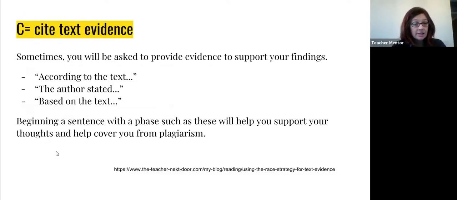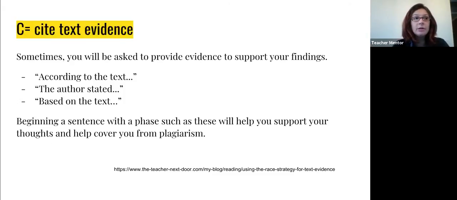C, the C in RACE is going to stand for cite text evidence. Sometimes in science, we are asked to do this more than others. But when you are citing text evidence, your evidence is going to support your findings.